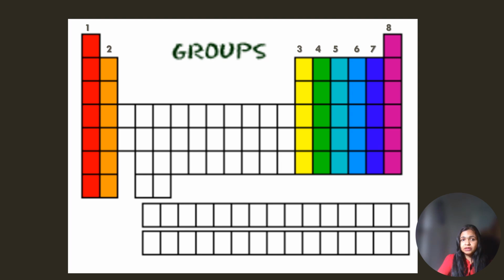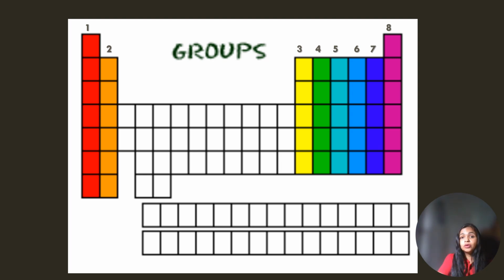The second group of the periodic table, group 2A, beryllium, magnesium, all those elements will have 2 valence electrons. Then we have the third group, the boron family. All the elements existing in this group will have 3 valence electrons. The group 4A, the carbon family, all the elements belonging to this group will have 4 valence electrons.